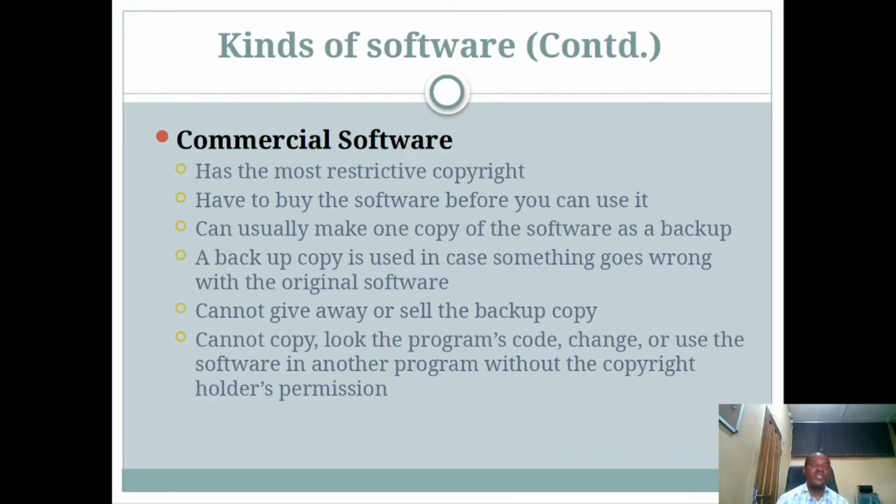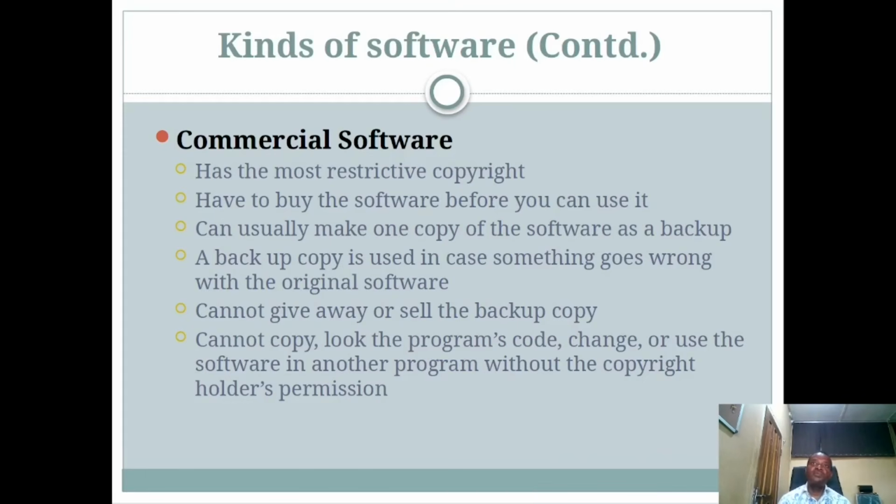We started with classification of computers by generation. We looked into classification of computers by purpose, and then we looked at hardware and software. We looked at the functional components of the computer system, where we considered input unit, output unit, and the processing unit.